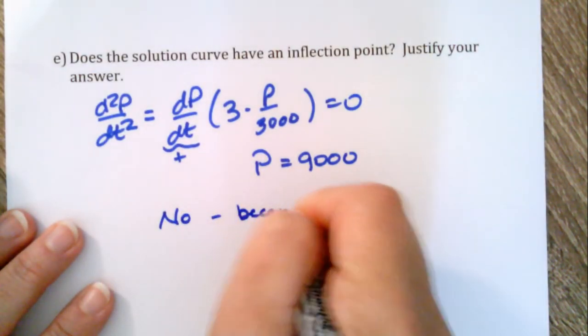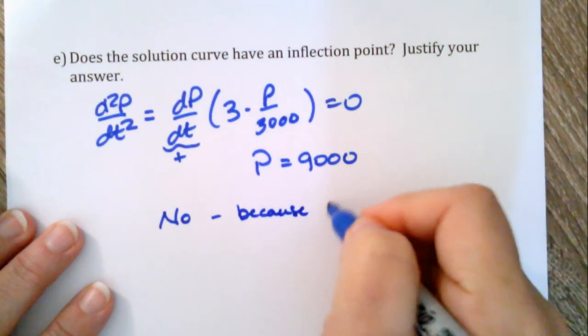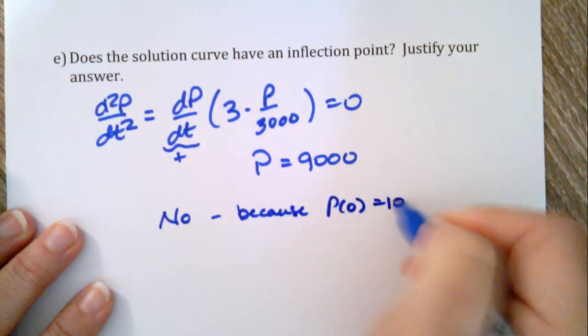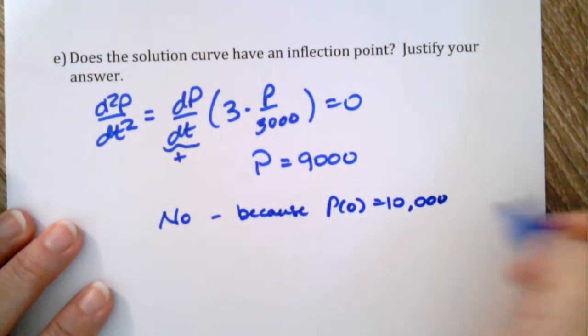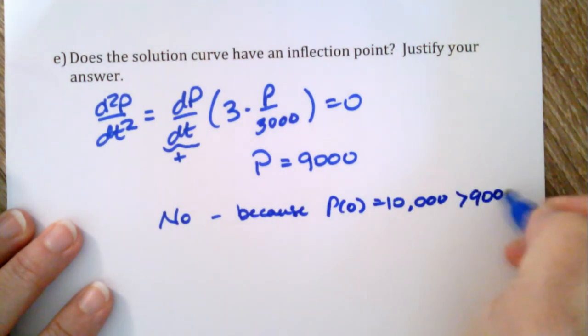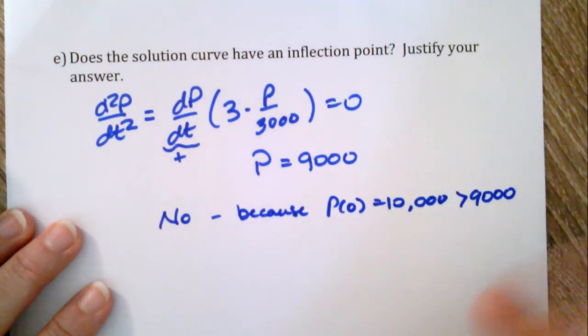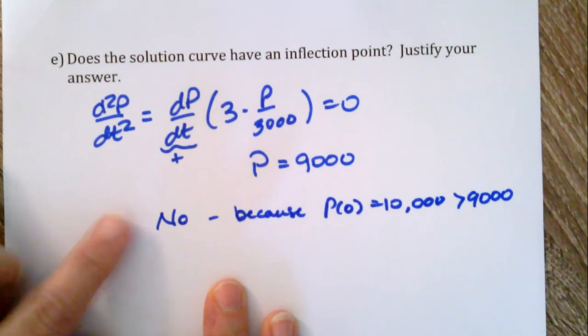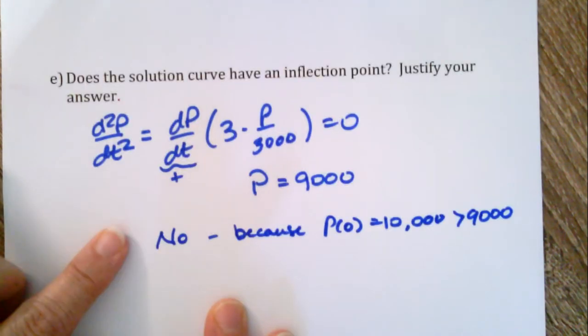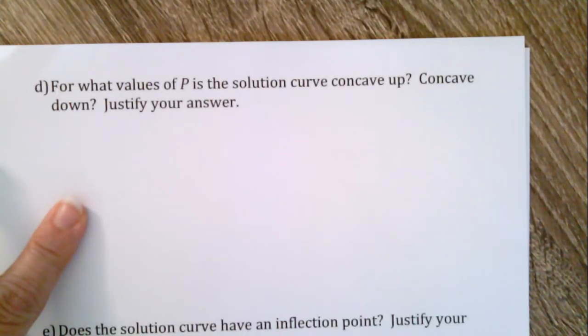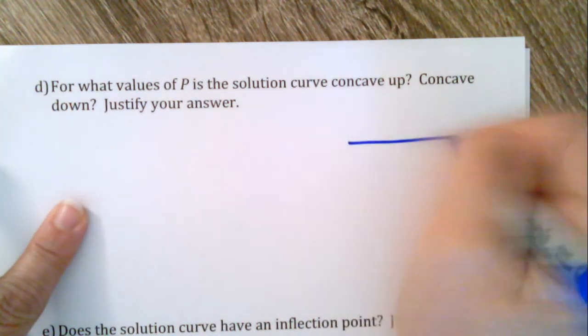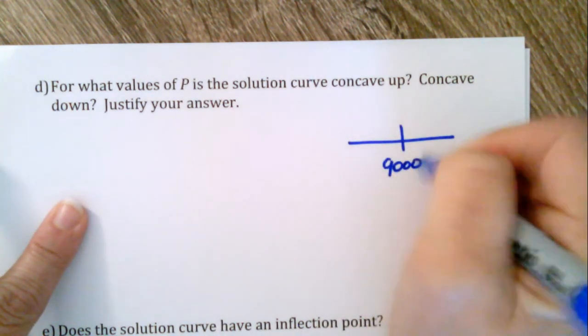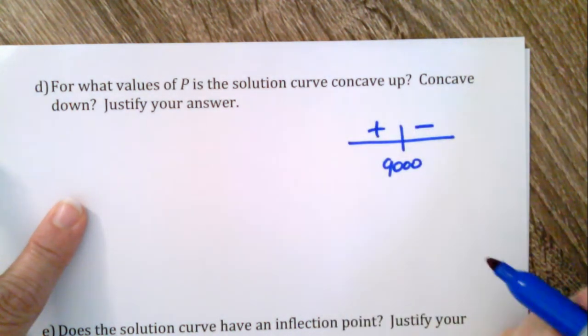No, because P of 0 is equal to 10,000, and that's greater than the 9,000, which is the inflection point. So I answered that question first. What that means for our concavity, if you remember before, we had this scenario where it was positive and then negative.